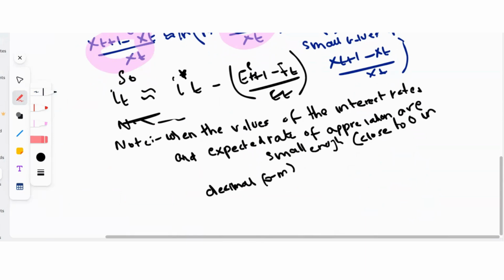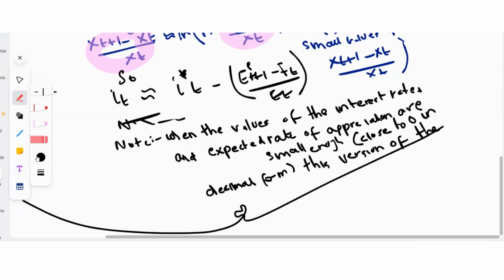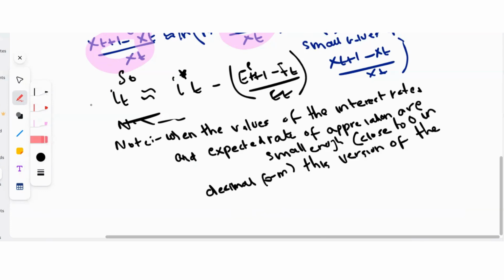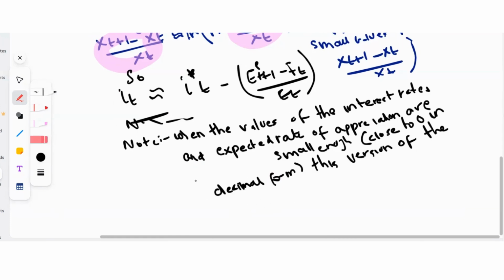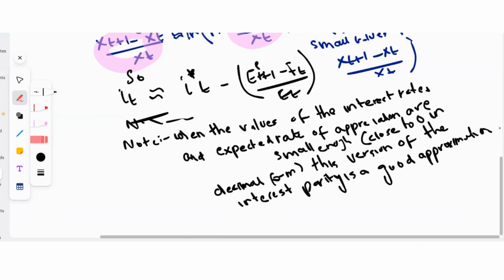This version of the interest parity is a good approximation to the exact version. Right, so this is how we go from the exact version of UIP to the approximated form.